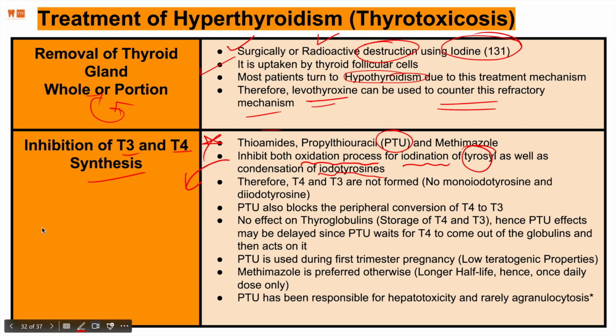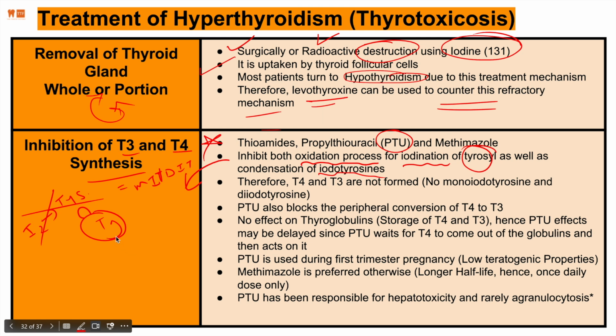It means that when thyroglobulin has tyrosines, they get iodinated. Oxidation happens and they form MIT and DIT. This is stopped. That's number one.